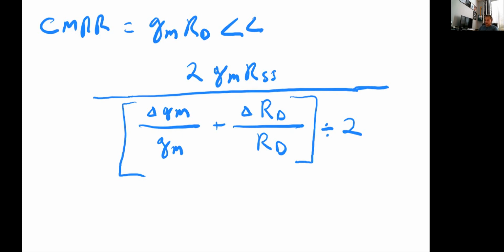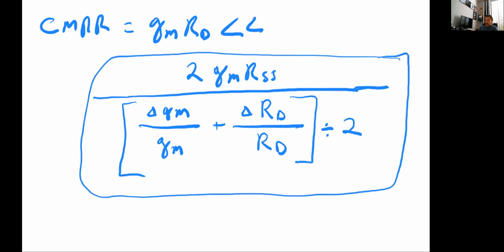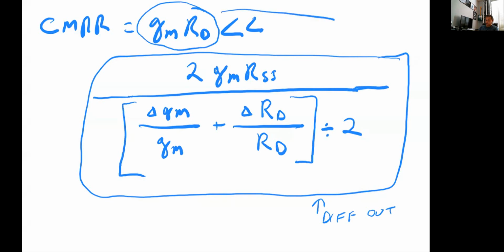When we have a differential output, this expression is valid. So this is differential output. This one is the reduction due to single-ended. And if you just look at the quantities, you'll find that this GM times RD is much smaller than this one.